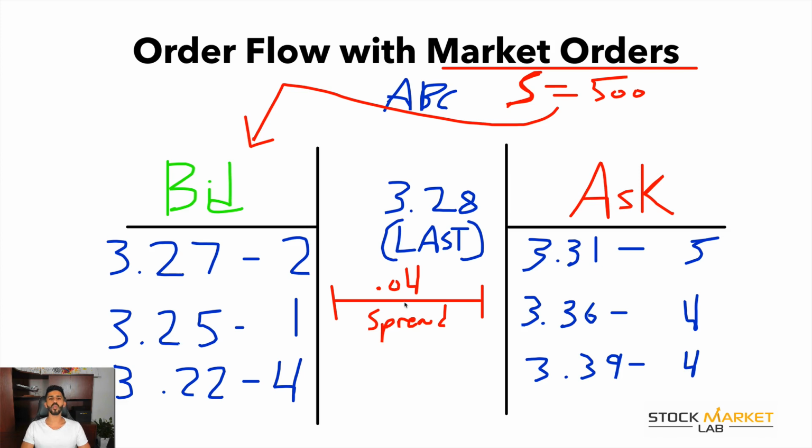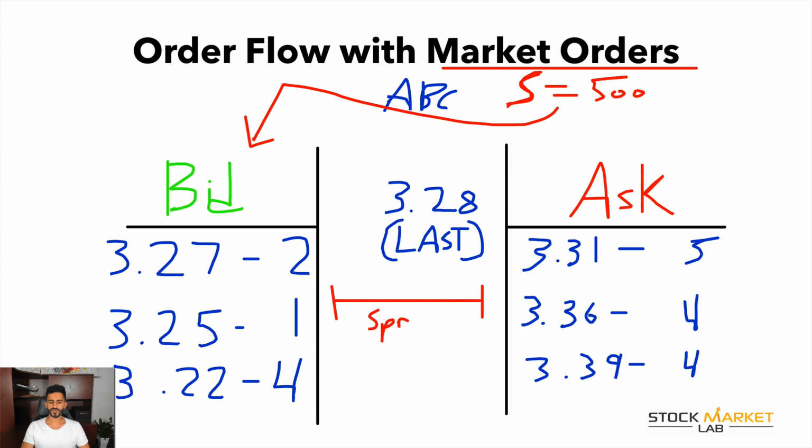Sometimes the spread is wider. Instead of this being 331, it might be 381. If the spread becomes very wide, let's say 50 cents, you end up paying a much higher price than you should. That's where using a market order would not be effective.